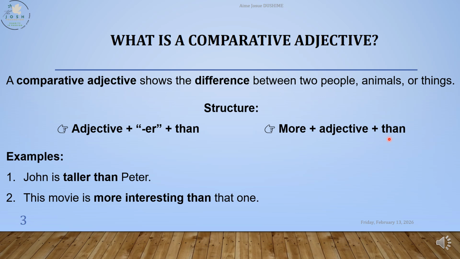Important. You hear the sound we make. Interesting, interesting. You hear we have more than two syllables. Example, John is taller than Peter. This movie is more interesting than that one.